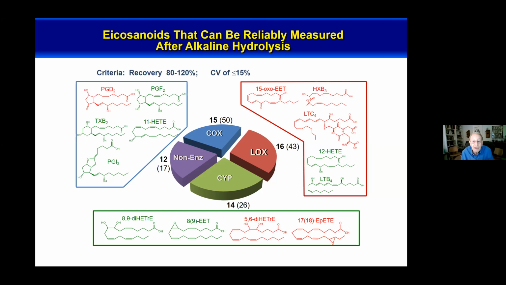They're illustrated here. For example, of the 50 COX derivatives that we usually look at, only 15 are reliably recoverable with base hydrolysis. Shown in red are some of the structures that are destroyed by base. In green are structures that are recoverable and measurable.